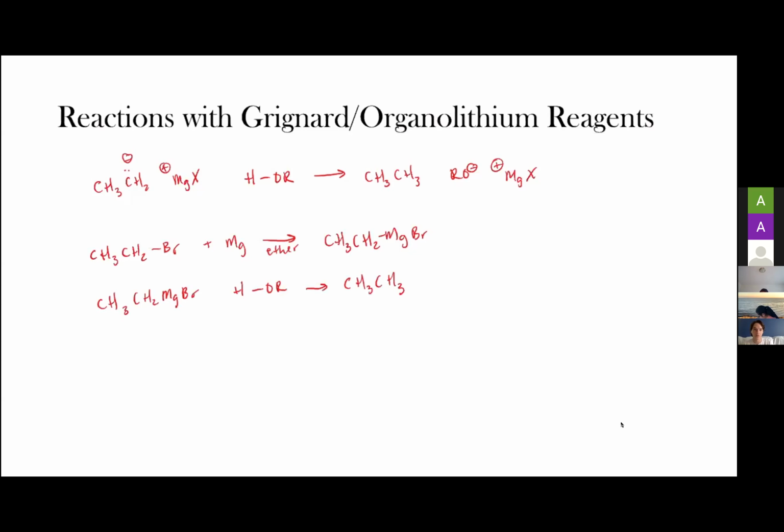So that's the full synthesis of the hydrocarbon, starting with an alkyl halide. Both organolithium reagents and Grignard reagents will do the same thing. So that could have been CH3CH2Li, and your product is going to be the same. Any questions on this?